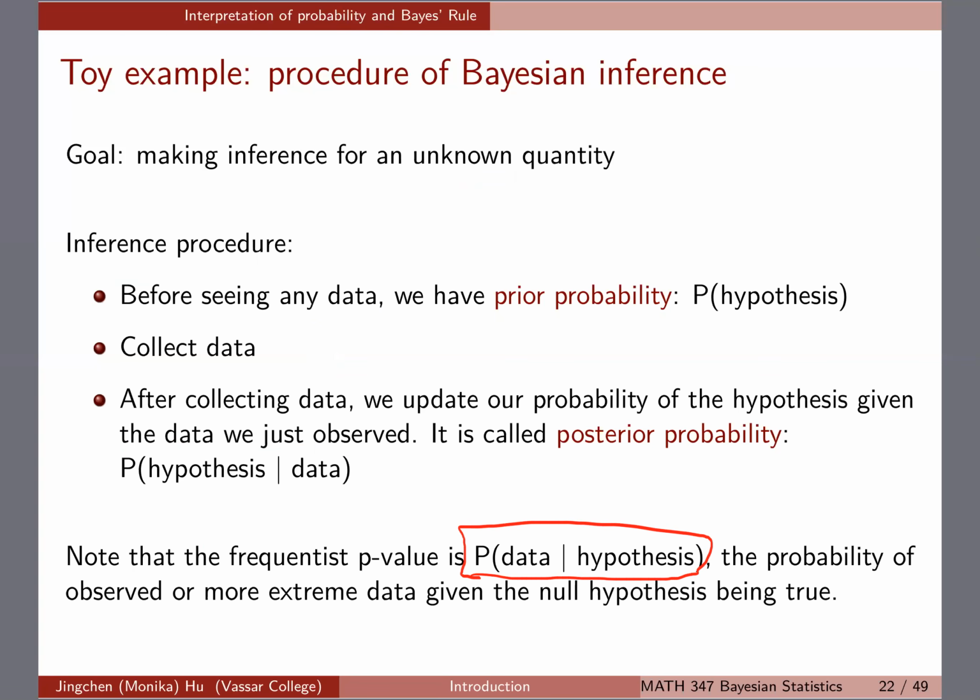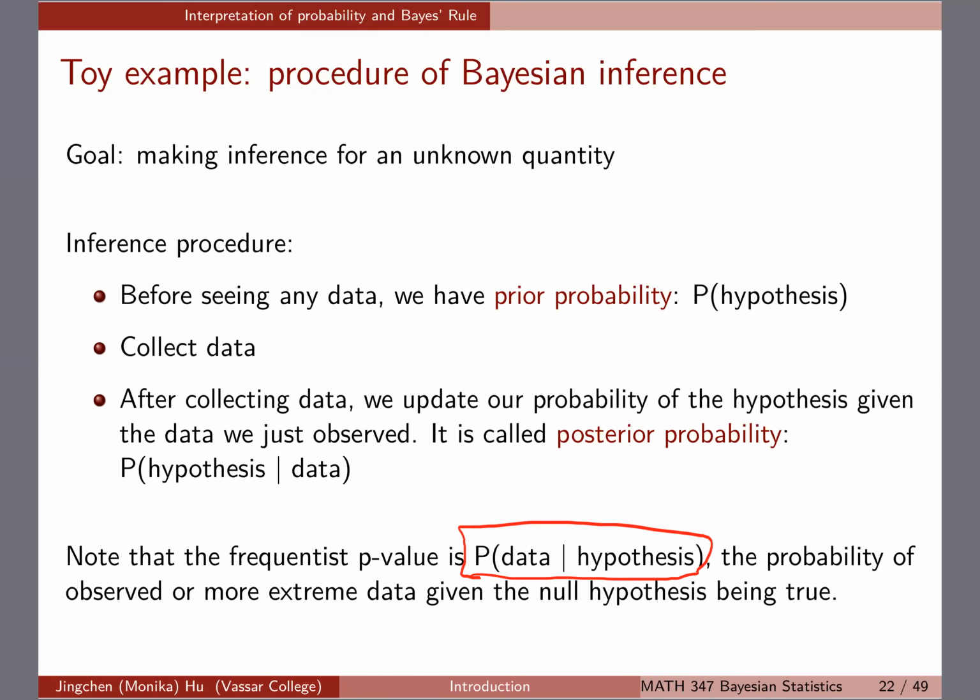Remember, for a standard interpretation of a p-value, let's say 0.04, then under the hypothesis, I mean, the null is true, then we have a 0.04 probability to see something as extreme as our data, right? So that again is assuming that the data is random, and the hypothesis is fixed.